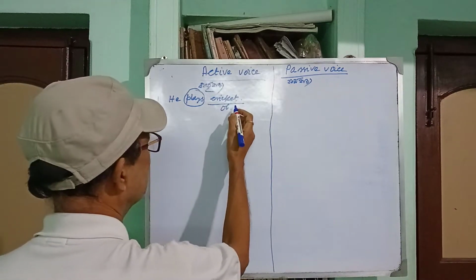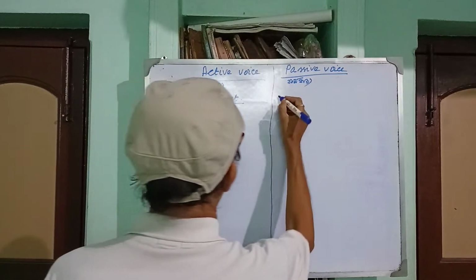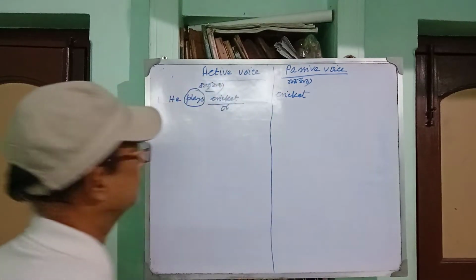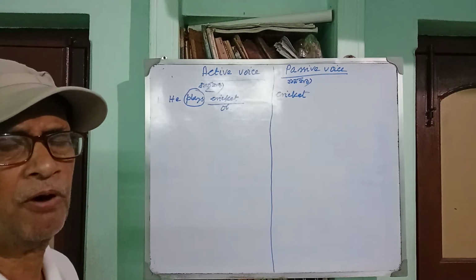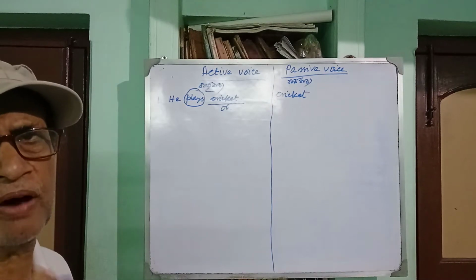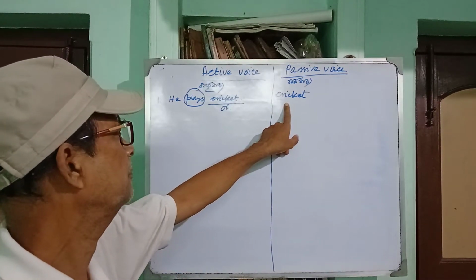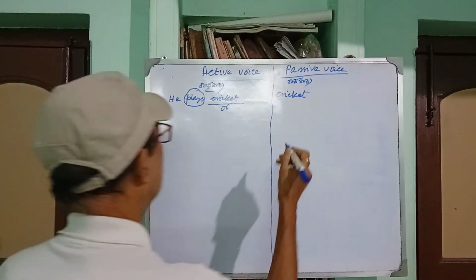So the object cricket should be placed in the subject position, and you must supply the forms of the be verb. After cricket, you will have to place is.